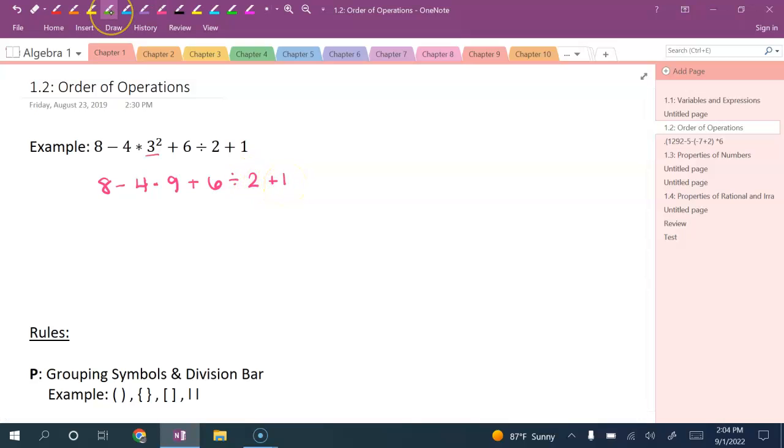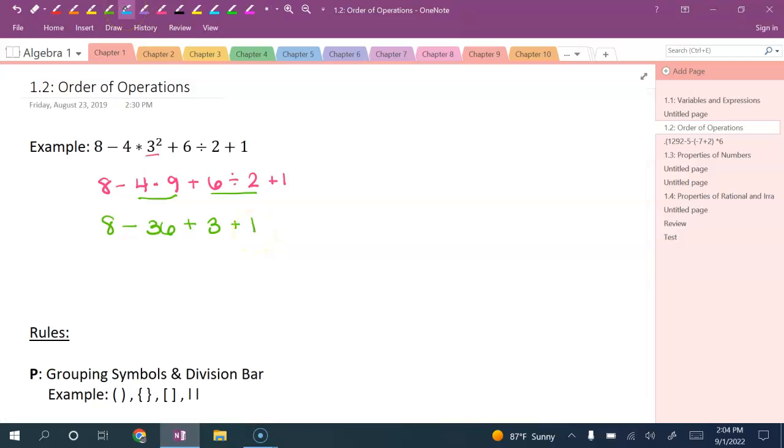The next thing you want to do is look for any multiplication or division. And I see multiplication here, and I see division there. So this would become 8 minus 36 plus 3 plus 1.